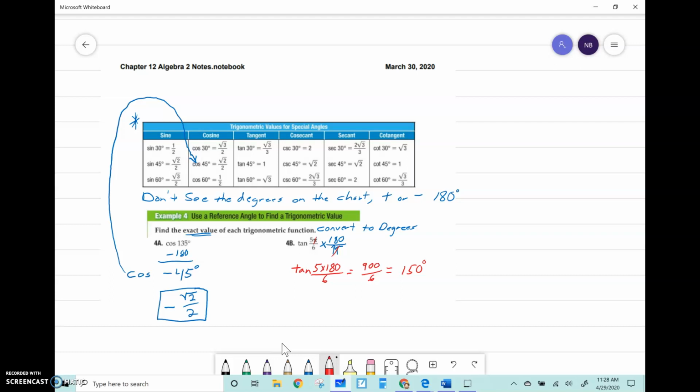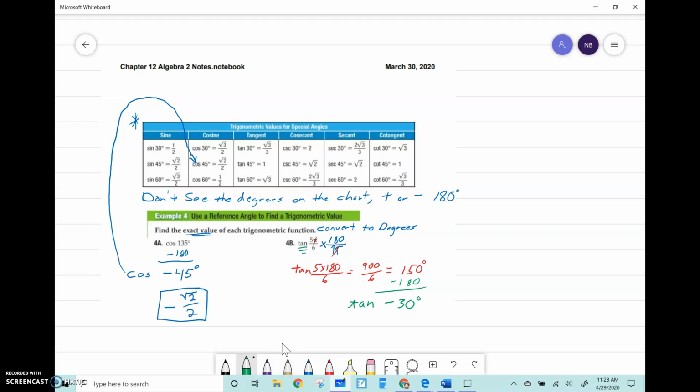So now that we have 150 degrees, we need to figure out what direction we're going to go. So I don't have anything in my tangent box. It's just from 30 to 45 to 60. So what I'm going to do is I'm going to subtract 180 from there. And I end up with negative 30 degrees. And that's tangent because it's labeled right there.